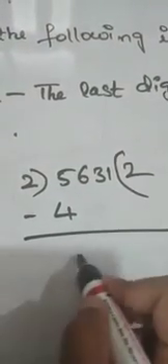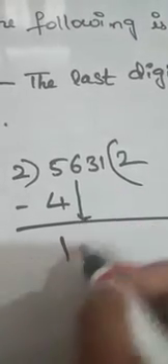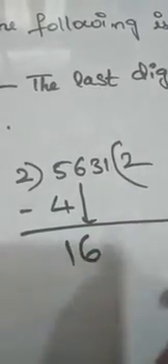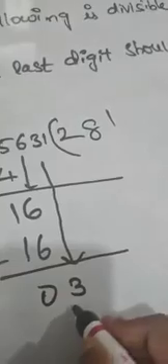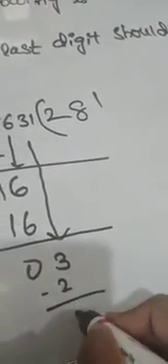Let us see here. In the table of 2, 5 will not come, but 2 twos are 4. 5 minus 4 is 1. Next we have to take 6, because 1 cannot be divided. So 2 eights are 16, remainder 0. Next number is 3. 2 ones are 2, 3 minus 2 is 1.